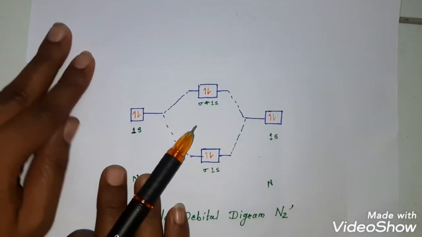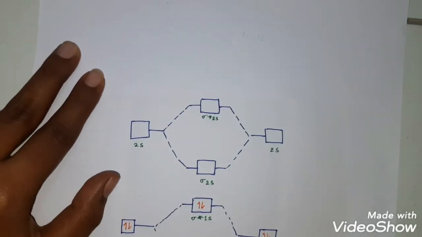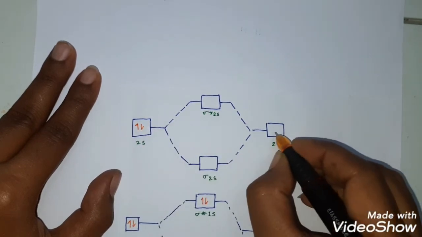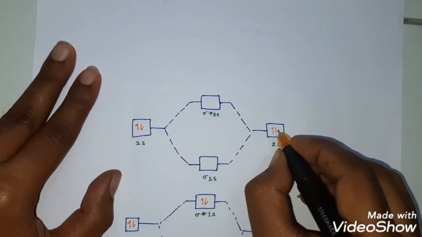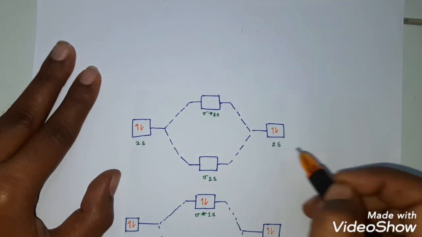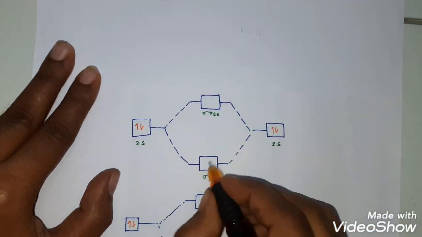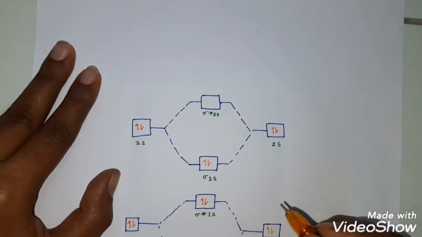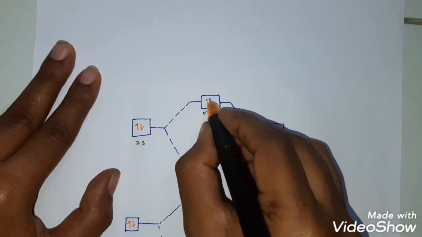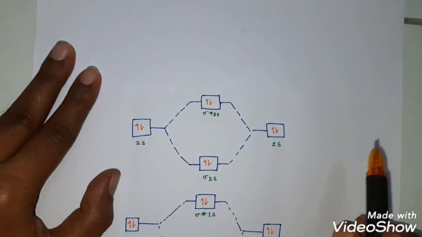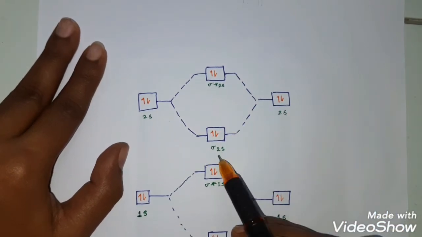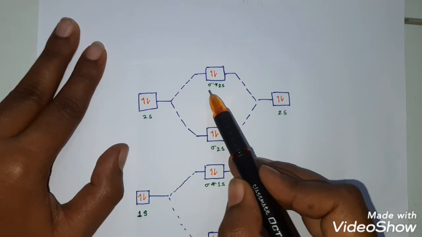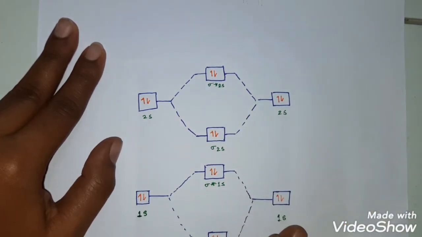This is for 1s2. Then for 2s2, there are 2 electrons in the 2s orbital of one nitrogen atom and 2 electrons in the 2s orbital of the second nitrogen atom. Energetically, the first 2 electrons enter the lower energy orbital and the next 2 enter the higher energy orbital: the first 2 in sigma 2s and the second 2 in sigma star 2s.